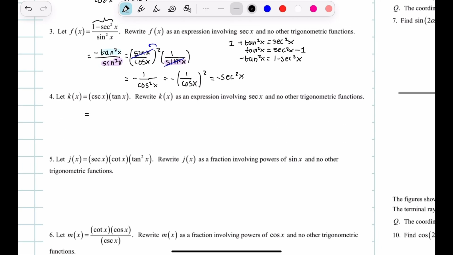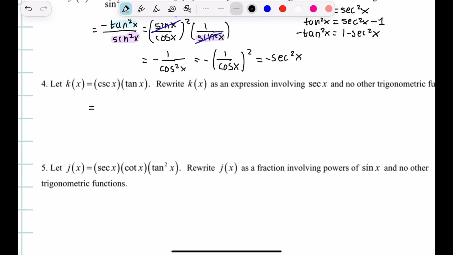Let k of x equal cosecant of x times tangent of x. Rewrite k of x as an expression involving secant x and no other trigonometric functions. So in order to do this, we know that cosecant of x is equal to 1 over sine of x, right? And we know that tangent of x is equal to sine of x over cosine of x.